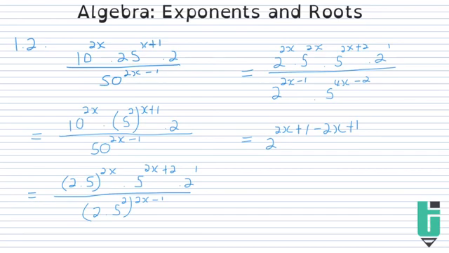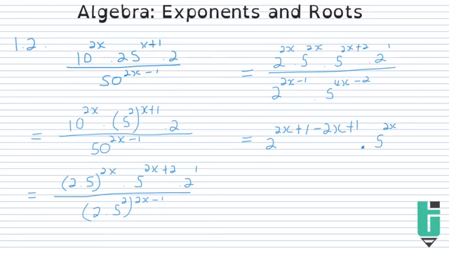And now all that's left is to add the 5. We'll multiply this whole thing here by 5. And we'll start at the top with 5 to the 2x. So we'll have 5 to the 2x multiplied by another 5 to the 2x plus 2.